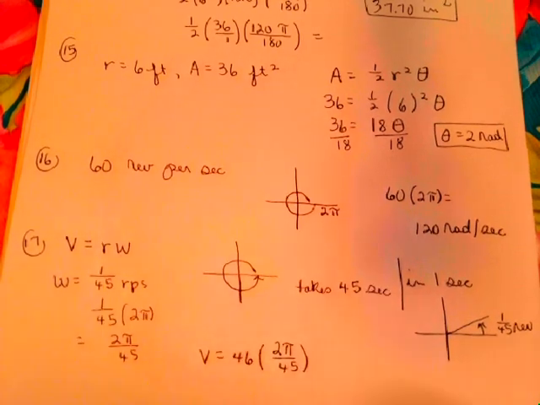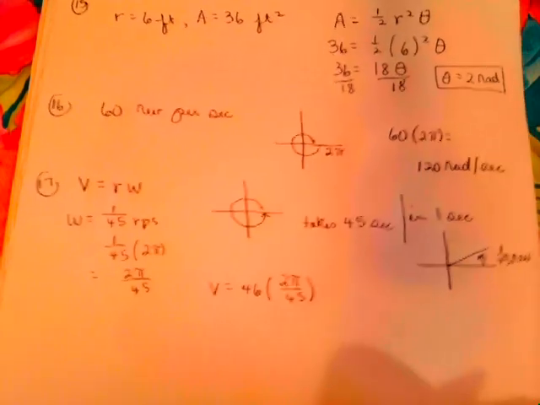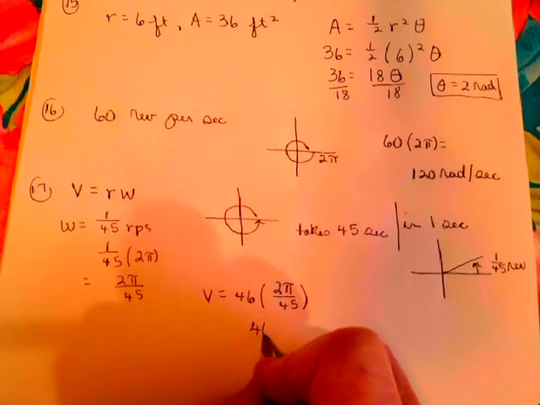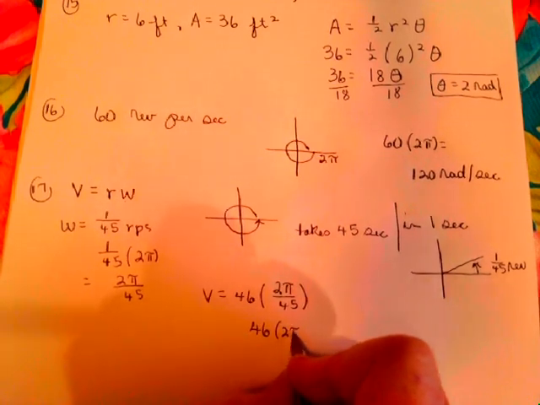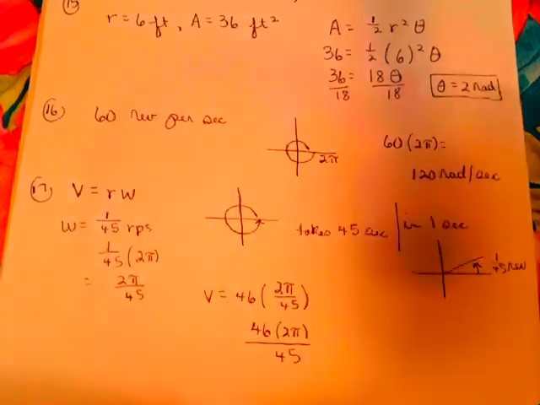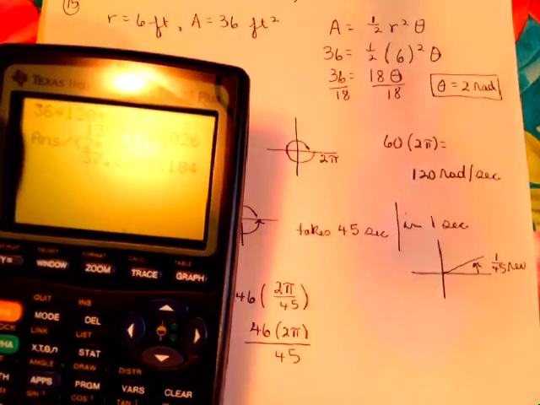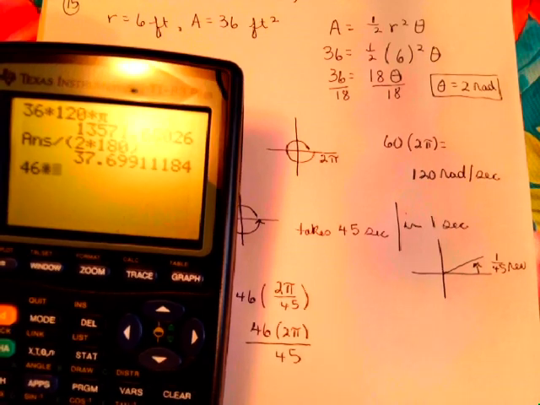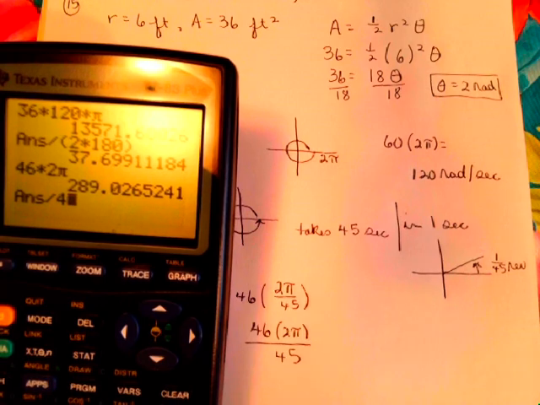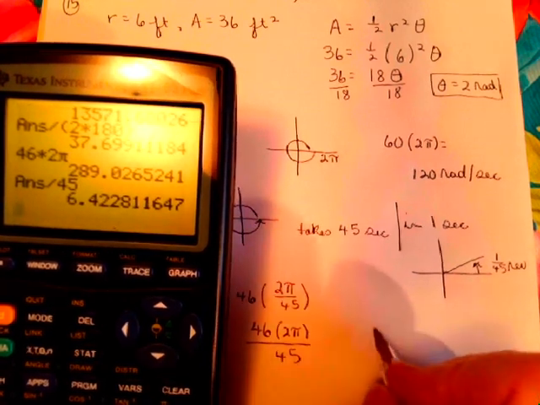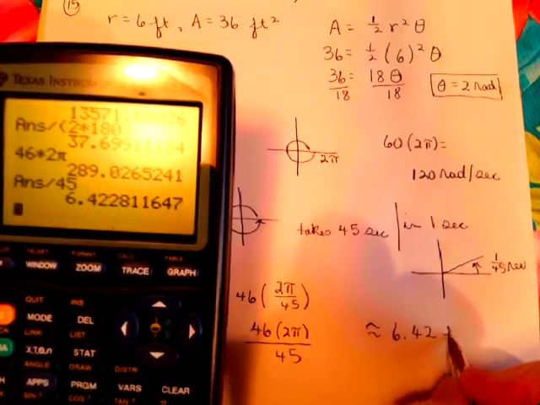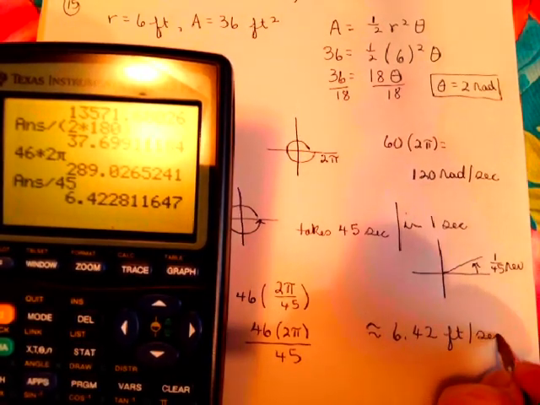Now it's calculator time. Multiply straight across. That means you're going to do 46 times 2 pi divided by 45. Approximately 6.42 feet per second.